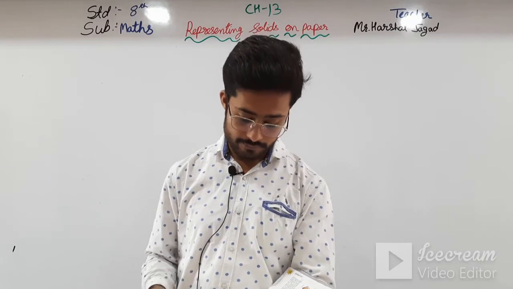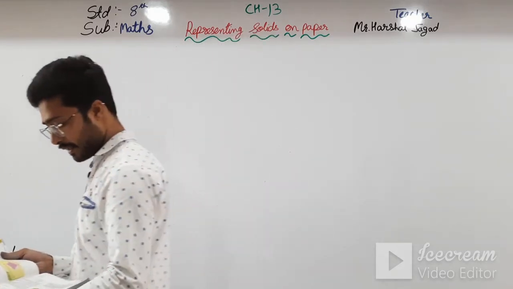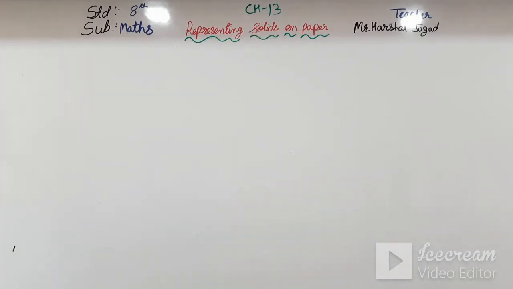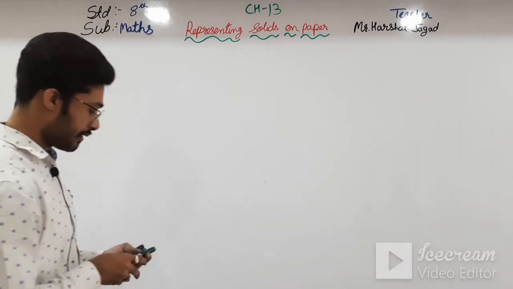So how is a 2D figure represented from a 3D object? I have just drawn a cube like this.